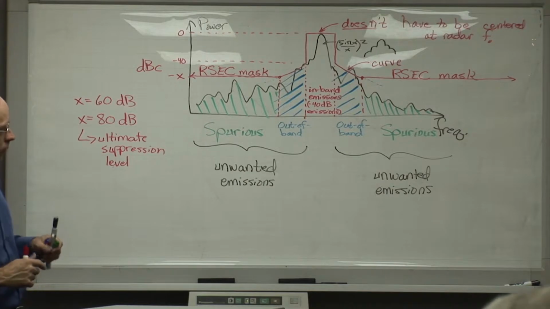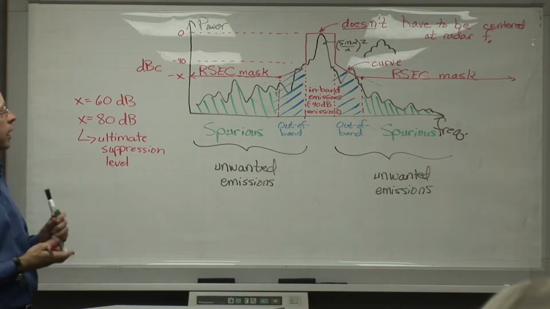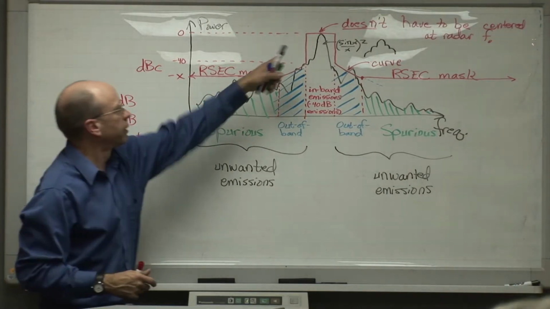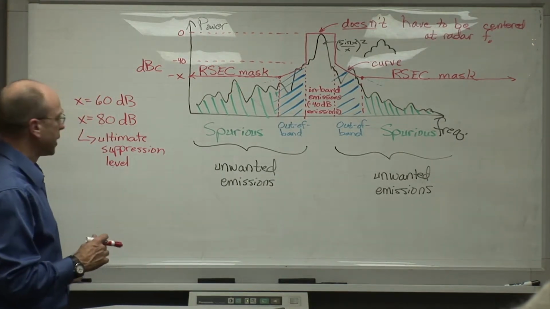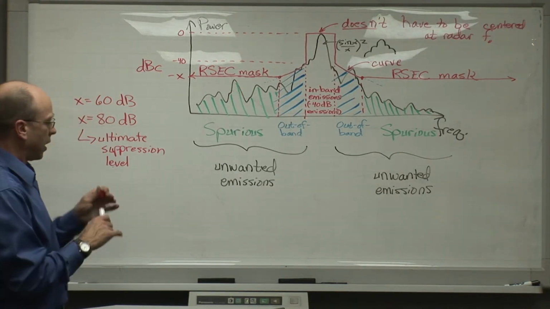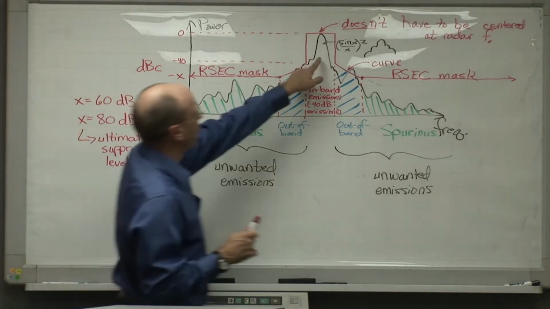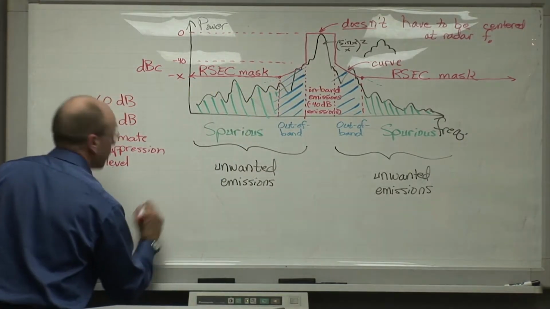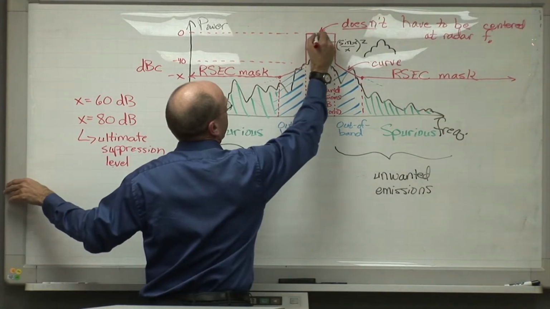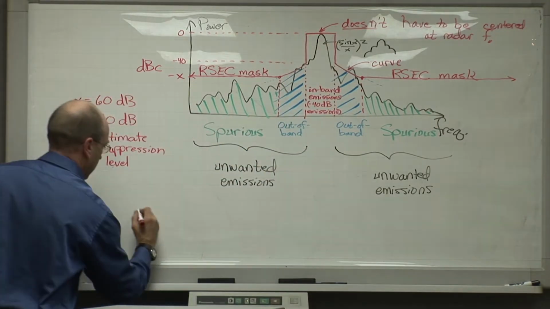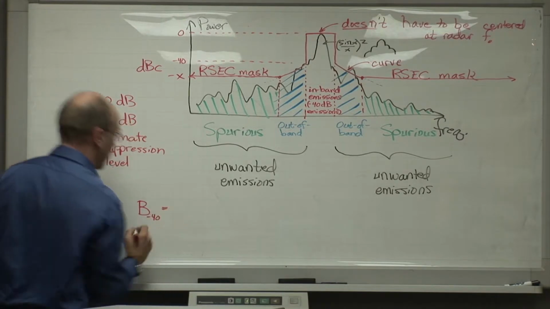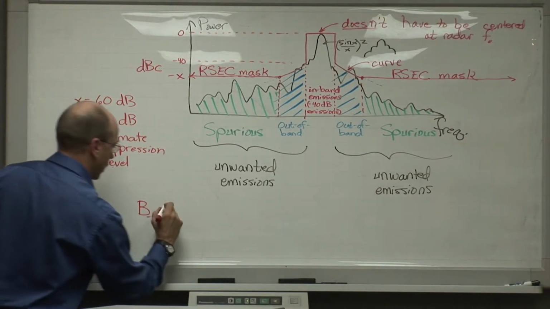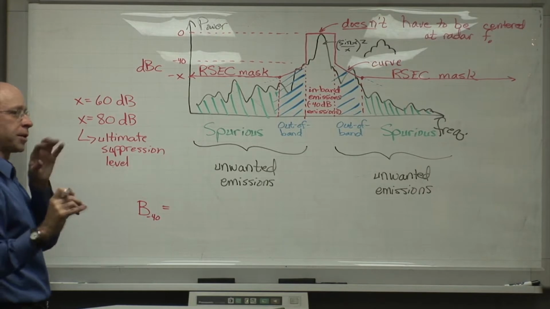So, it seems simple enough. We say, okay, here's this mask. We draw it like this. I do want to give you a couple of details here on the mask. First of all, the 40 dB bandwidth, this bandwidth right here, for the 40 dB part of the spectrum, which is written this way, B minus 40, is for a simple pulsed radar.